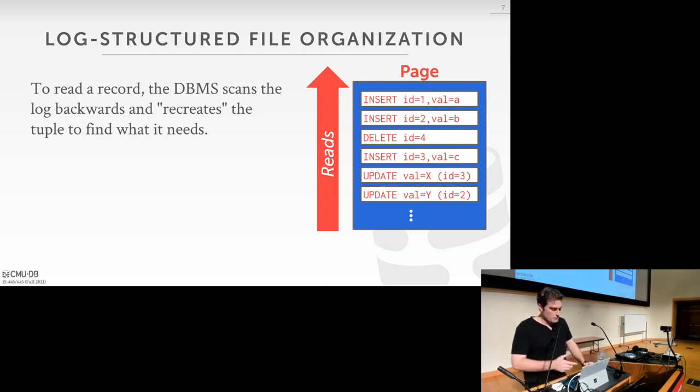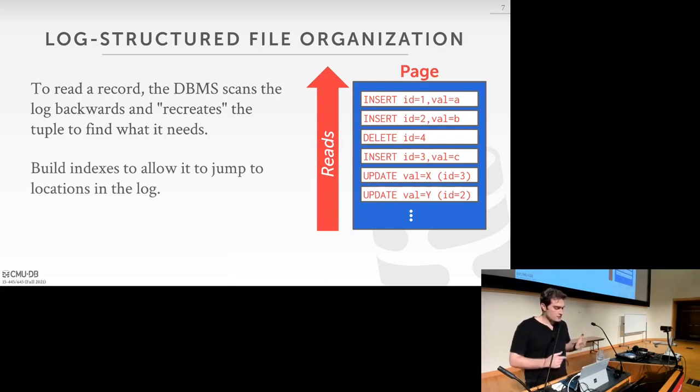So for example, in order to reconstruct, let's say tuple ID 2, we have to start reading the log record back, and we say, okay, we're updating the value to value Y, and then we go back further and we get the other potential attribute values for that tuple by reading back through the log records. So we have to do this reverse scan over the log to reconstruct the tuple by applying basically all of these log records along the way.